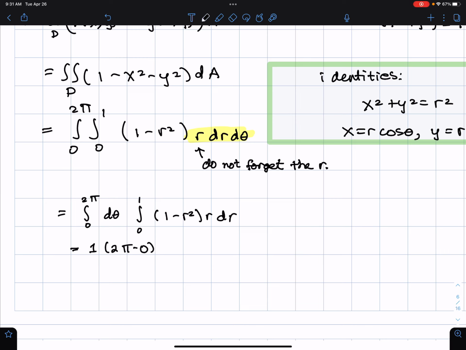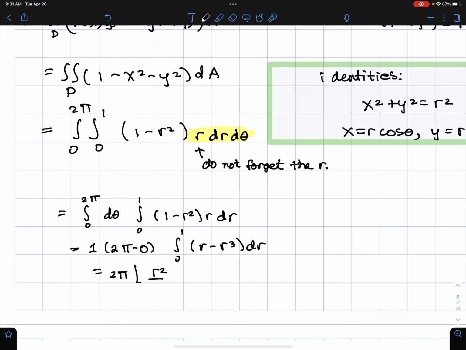Or by the fundamental theorem of calculus, the antiderivative of 1 is theta from 0 to 2 pi, you just plug that in. This is the integral from 0 to 1 of r minus r cubed dr, so we get 2 pi times the integral.